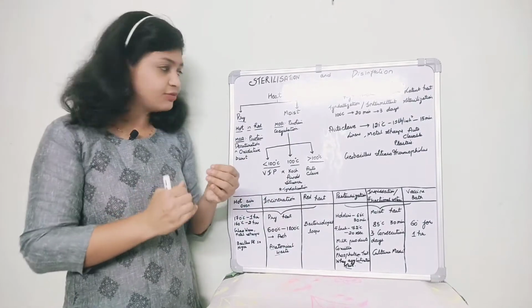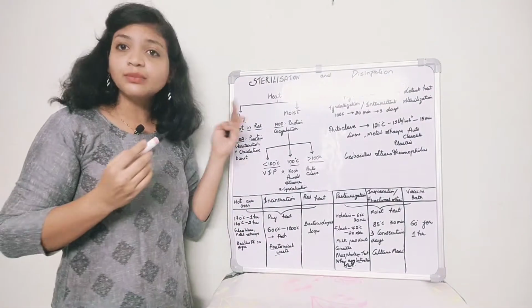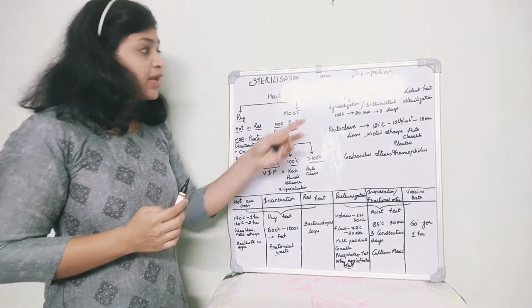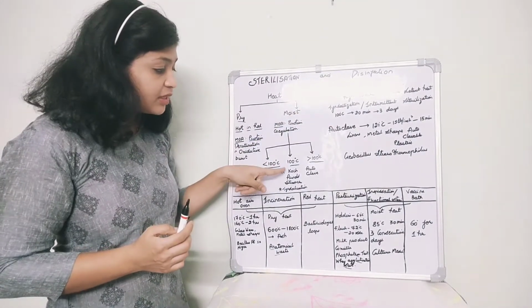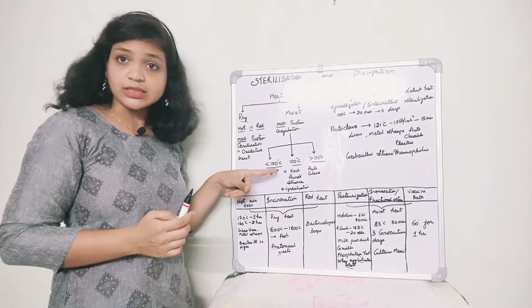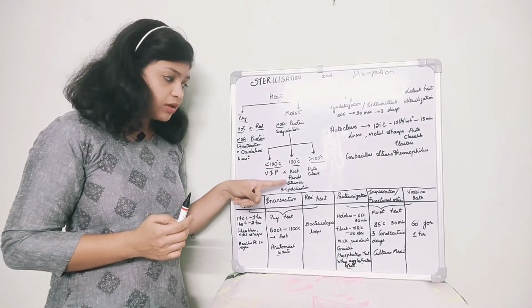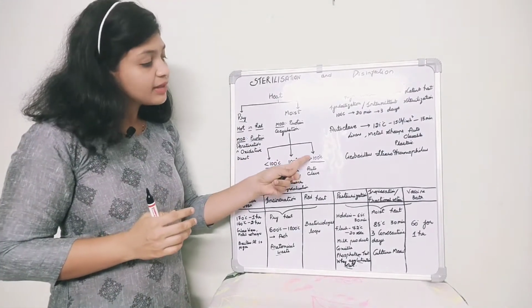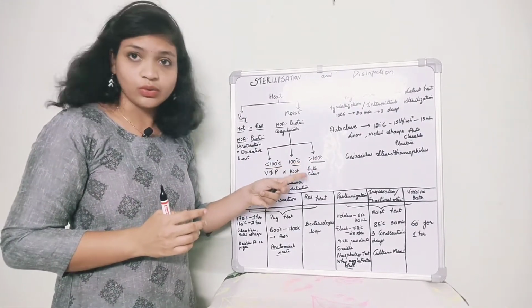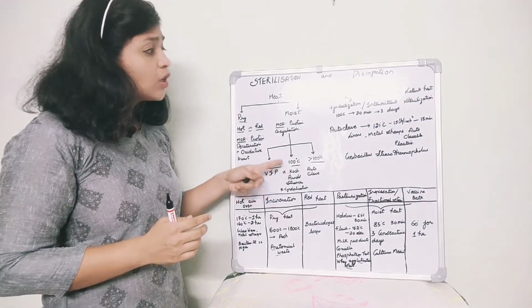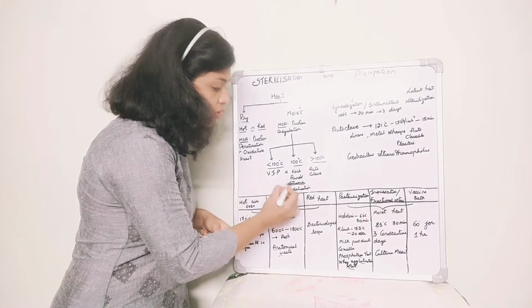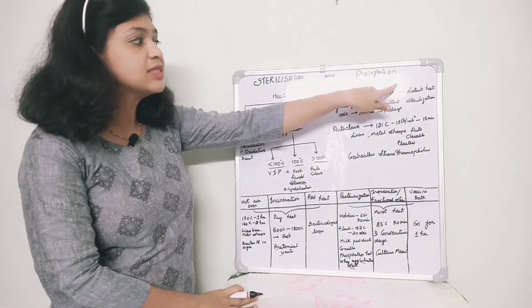So far we finished dry heat and in moist heat less than 100 degrees Celsius. Coming to 100 degrees Celsius, there are two processes. They are Koch-Arnold steamer and tyndallization. And greater than 100 degrees Celsius, we do autoclave. Koch-Arnold steamer, as the word says, is a steamer. So the process we use here is steam.